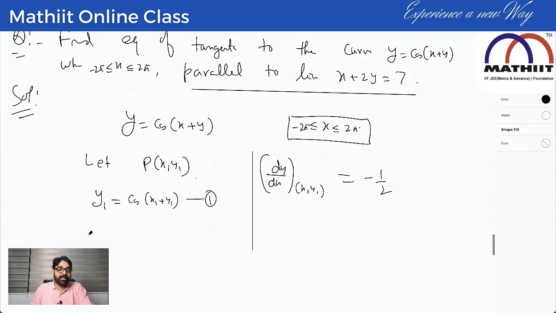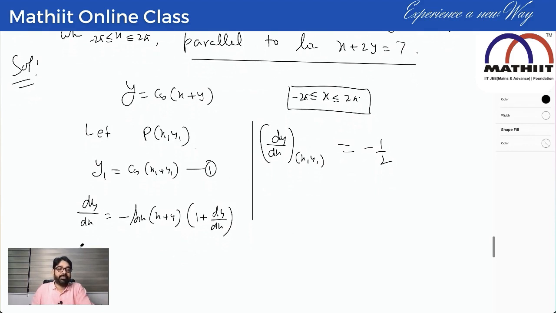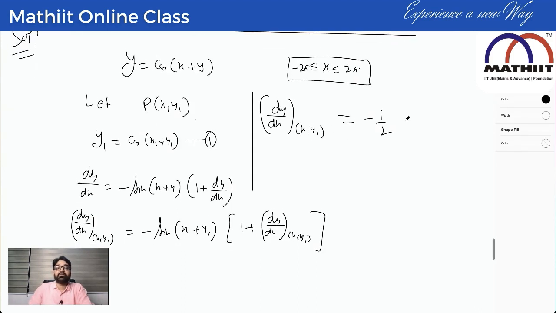Differentiate: dy by dx equals minus sine of (x plus y) into the differentiation of x plus y, which is 1 plus dy by dx. Now put x1, y1 in this differential equation. So dy by dx at x1, y1 is equal to minus sine of (x1 plus y1) into (1 plus dy by dx at x1, y1). But dy by dx at x1, y1 is -1/2, so I put it here.